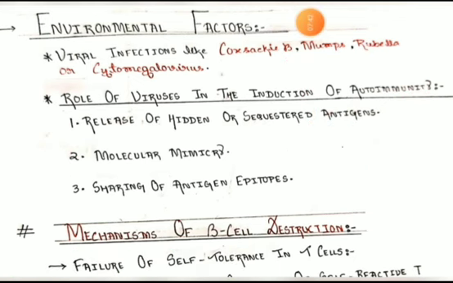Now coming to the third mechanism. The third mechanism is the sharing of antigenic epitopes. So here what would happen? Suppose a viral infection occurred in the body earlier in life. This virus has entered the beta cells and it persists in the beta cells.